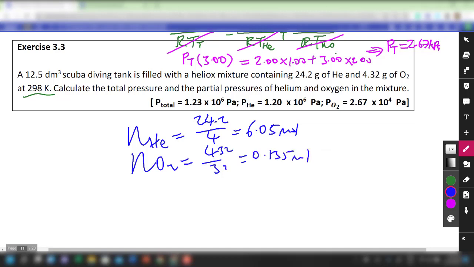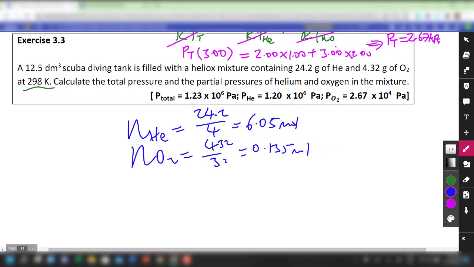The rest isn't too difficult, because all you need to do is sum these two up. So 6.05 plus 0.135 gives 6.185. So n total is 6.185 moles.